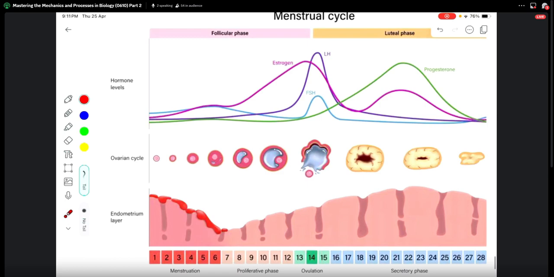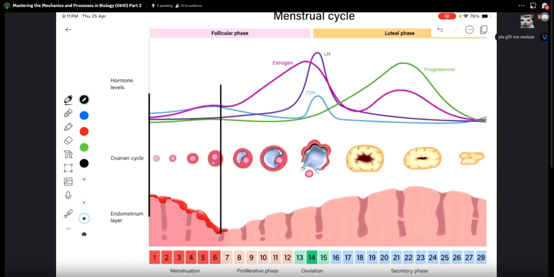Within day 1 to day 6, all the hormones are very, very low. Why? Because there's nothing to act on it. There is no signal, and no follicle is being developed because it's not time yet. You can see the ovaries still remain the same.